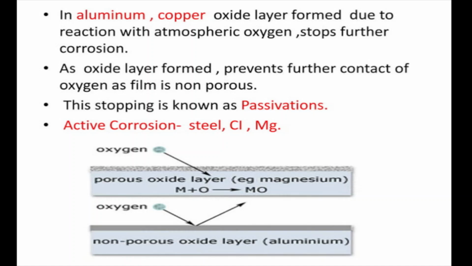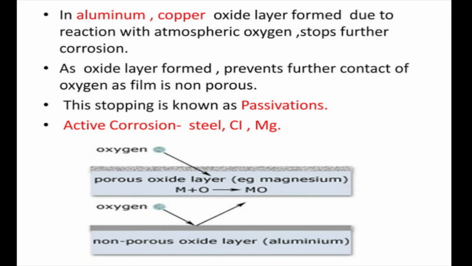Once the oxide layer on aluminium or copper is formed, from that moment onwards the corrosion reaction is stopped. This stopping is known as passivation. So intentionally or unintentionally, passivation occurs to protect materials like aluminium or copper from further corrosion.